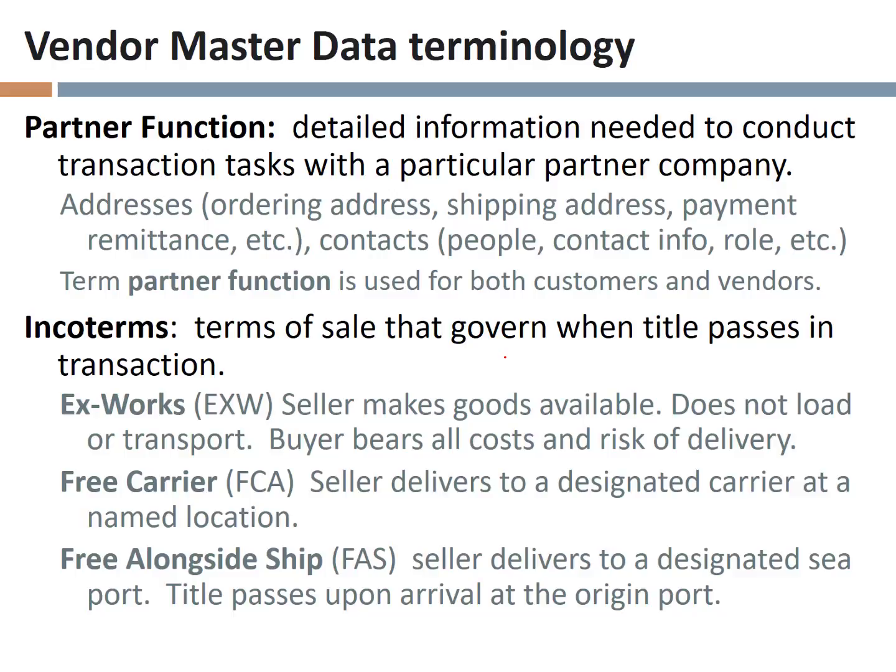Well, all the seller had to do was get it next to the ship. Once it was there, it's now mine as the buyer. So free alongside ship is literally what it says. You get it alongside the ship, and then at that point, that's where title actually passes. So this Incoterm is actually sea travel specific as opposed to other modes of delivery.